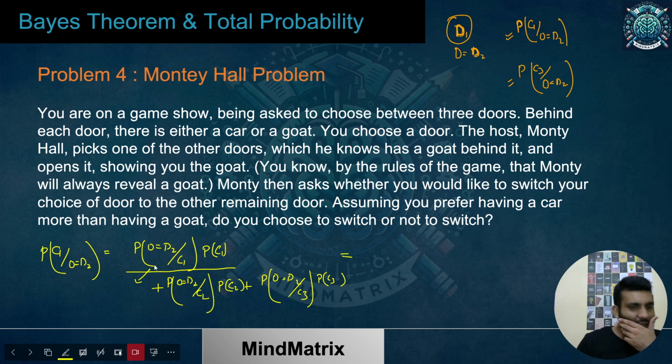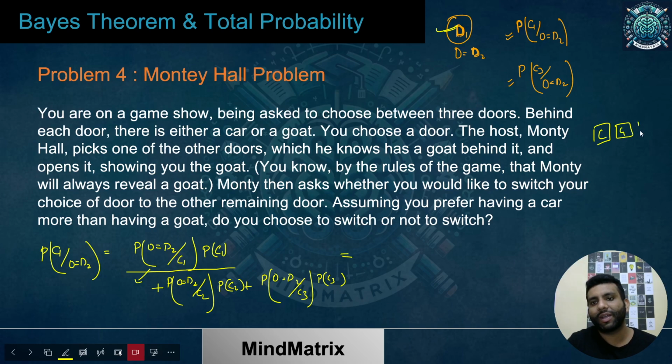See, if you know D1 was the door picked first and it has a car behind it, what is the probability that door D2 will be opened? It is like this: you know there is a car behind it and there is a goat behind these two. This is D1, this is D2, this is D3. So if C1, if you know the car is behind door 1, then what is the probability that he will open door D2?